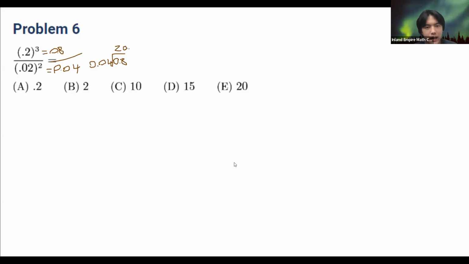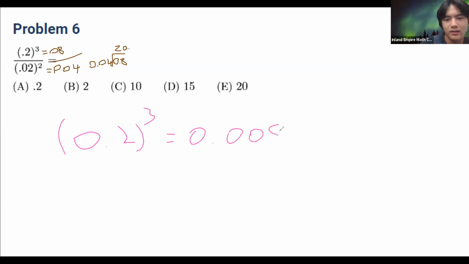Okay. Yeah, that looks right, except, you got the right answer, right? The answer is E, but the only thing is that the process isn't quite correct. If you raise 0.2 to the third power, it's actually equal to 0.008, right?